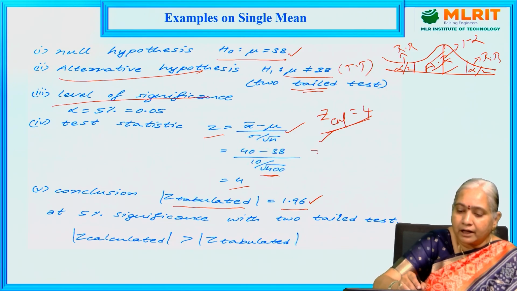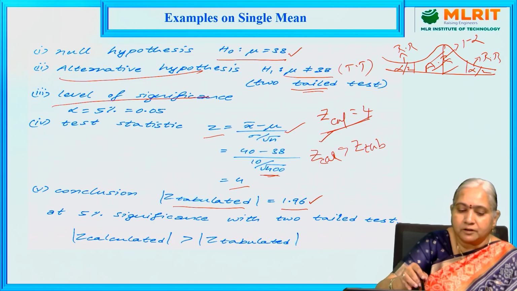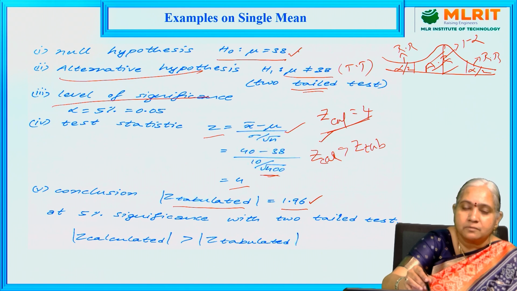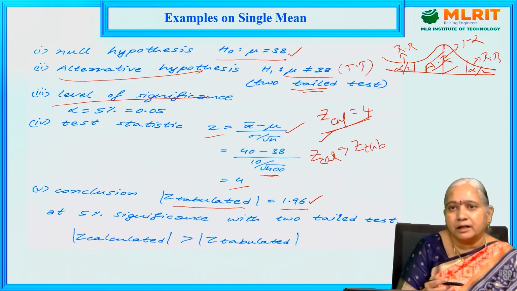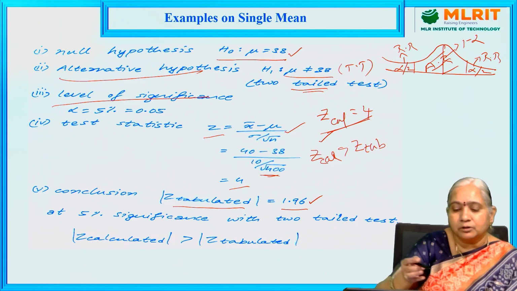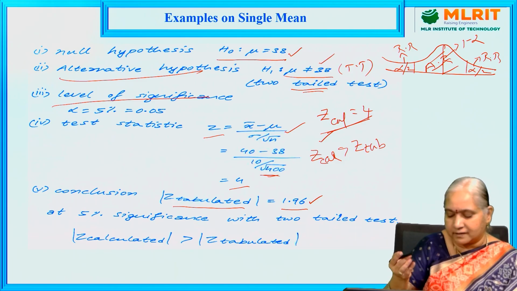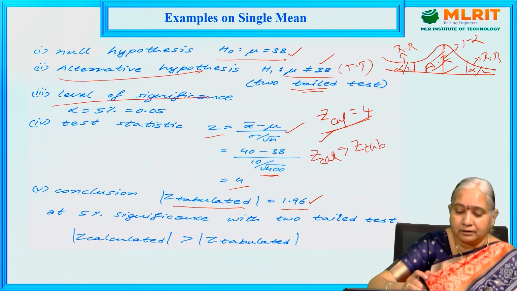The calculated value is greater than the Z tabular value. Therefore, we reject the null hypothesis at the 5% level of significance. Rejecting the null hypothesis means we are accepting the alternative hypothesis, mu not equal to 38. Mu equal to 38 is rejected, so mu not equal to 38 is accepted. Mu not equal to 38 means maybe greater than 38 or less than 38, depending on the calculated value and tabular value.